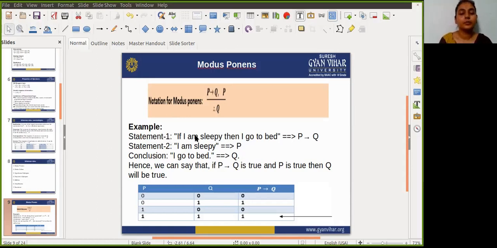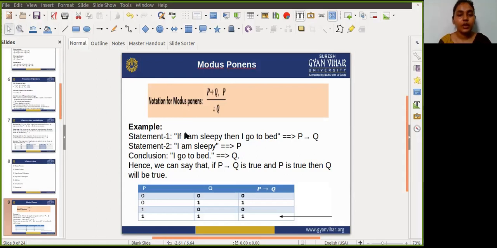Sorry guys, there is one mistake here: for the implication rule, in the first row it should be the value 1. But for modus ponens, it gives the result false, because in that row P is not true.